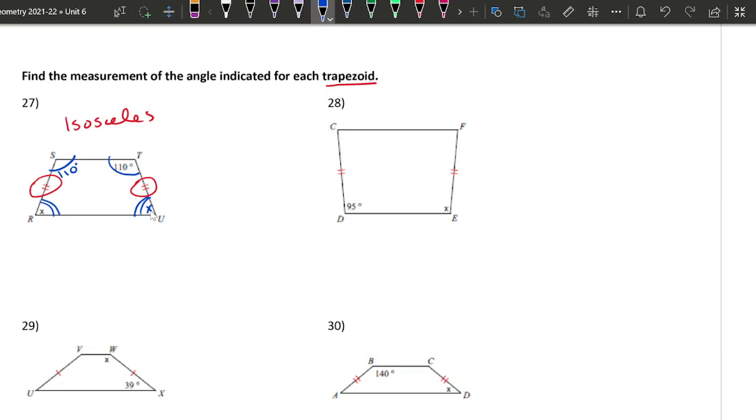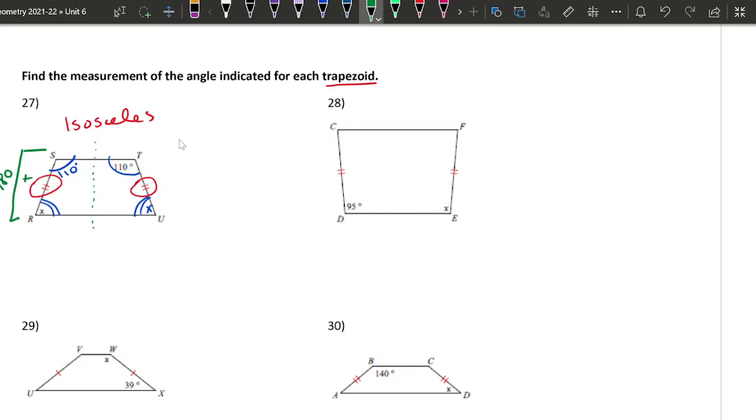And then, one thing about quadrilaterals is that same side angles between parallel lines are supplementary. For a trapezoid, what that does is it splits it down the middle. And I could say that S plus R is going to be 180. So if I add angle S plus angle R, it's going to give me 180 degrees.